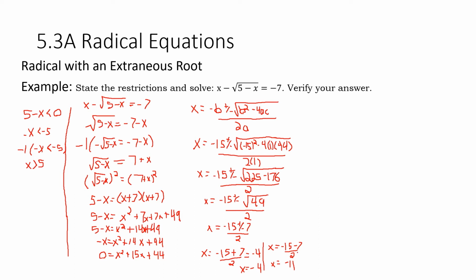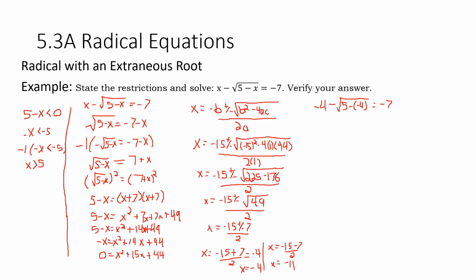One of those won't work when we go to verify. So to verify, remember, you take your values for x and you put them into your original equation. So let's first try the negative 4. So we'll substitute in negative 4 for our x's. So negative 4 minus the square root of 5 minus negative 4, and that should equal negative 7.